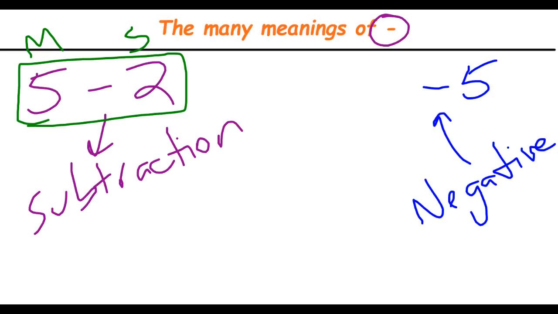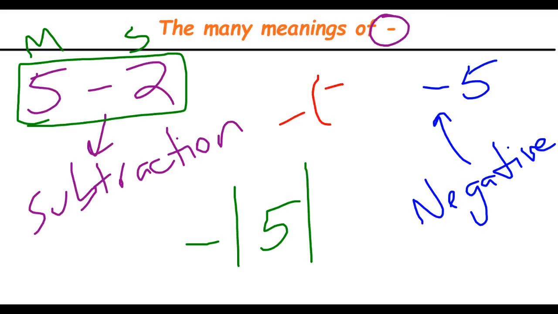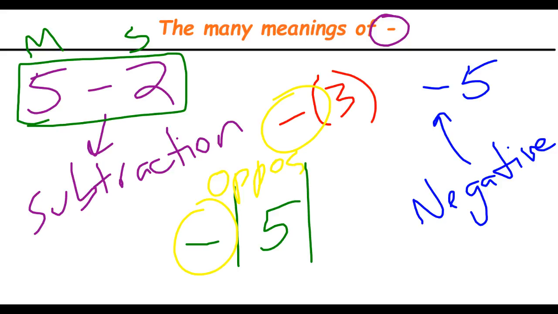On the other hand, what we will see is we might be able to put the negative sign outside of an absolute value, for example, something like that, or a negative sign outside of a parentheses. In both of these cases, this sign means opposite. We read that as the opposite of 3, which just so happens to be negative 3.